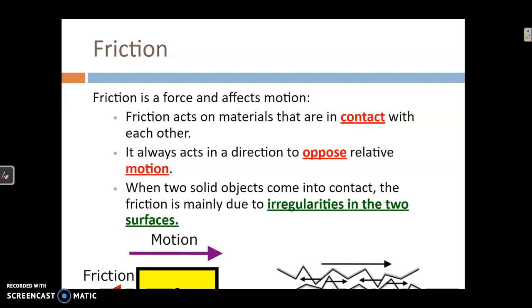Again, if you were moving to the right, so your motion is to the right, then your frictional force is going to be acting to the left. It's going to try to slow you down in a sense. Again, that's all due to the irregularities within the surfaces and the amount of force that is being pressed together with those surfaces.